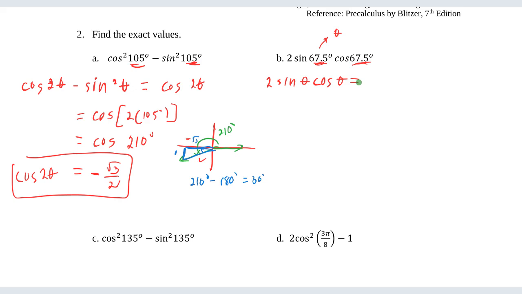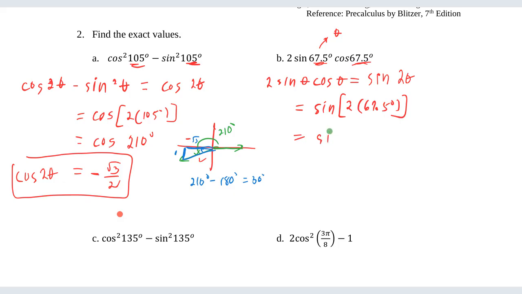You will see that 2 sine theta cosine theta is equivalent to sine of the double angle, which is sine 2 theta. So now we will get sine 2 times 67.5 degrees.